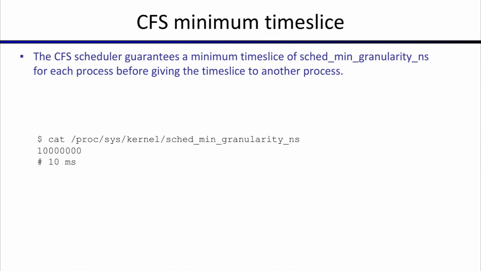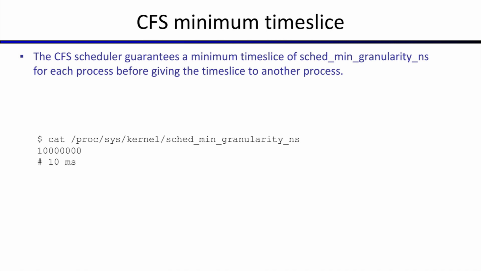CFS does switching, but we also talked about how context switching comes at a cost. So there is a period defined, called the minimum granularity period. You let a process run, and the time that you provide it to run for as a minimum is defined in this variable.